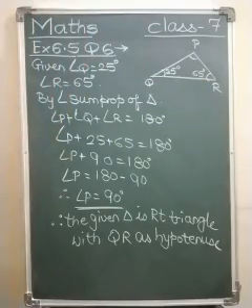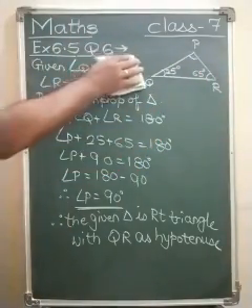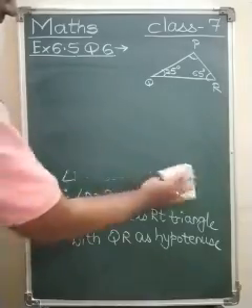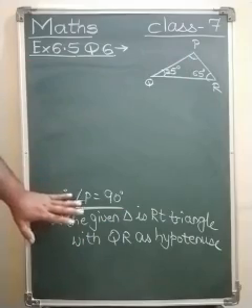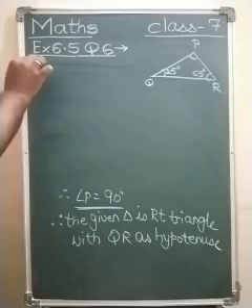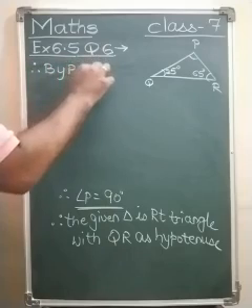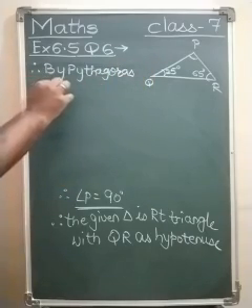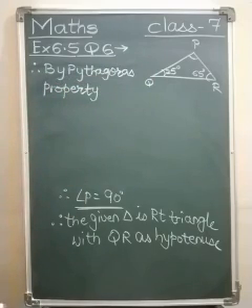Now, since QR is the hypotenuse and this is a right angle triangle, we can use the Pythagoras property. By Pythagoras property, what is the first?